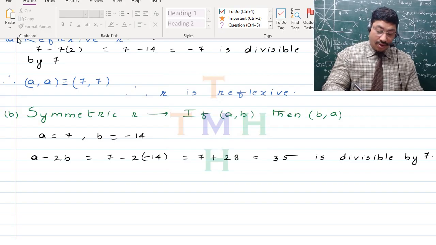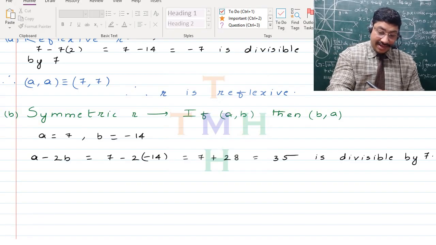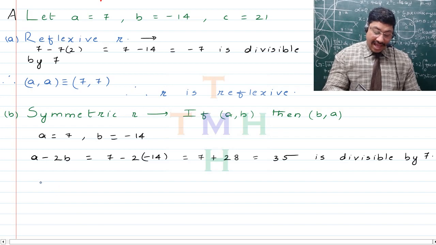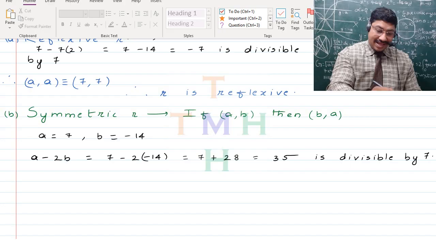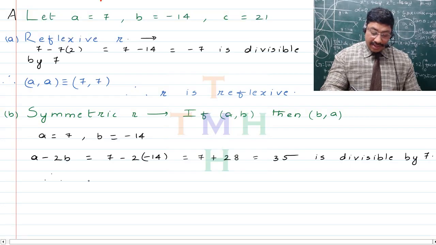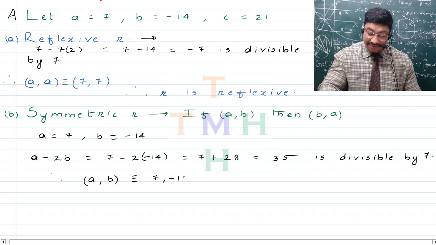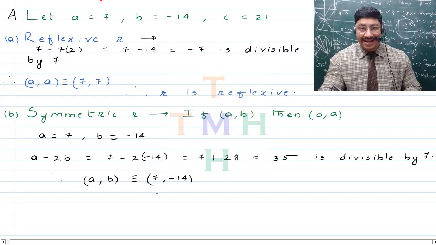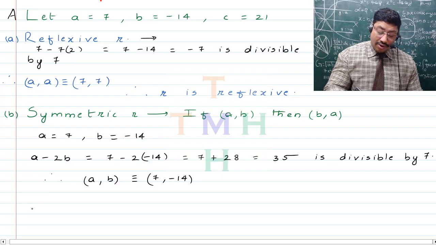Now we go ahead with the second part, and now we have our a. You can at least say this, that we have (a, b), which in accordance with this condition is (7, minus 14), which is already existing. So now we talk about (b, a).